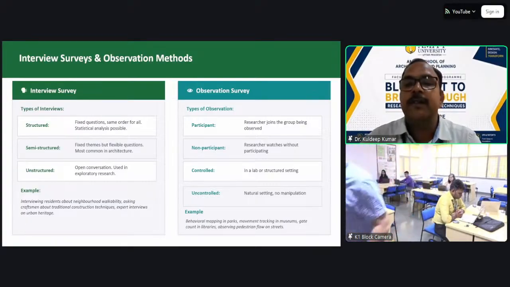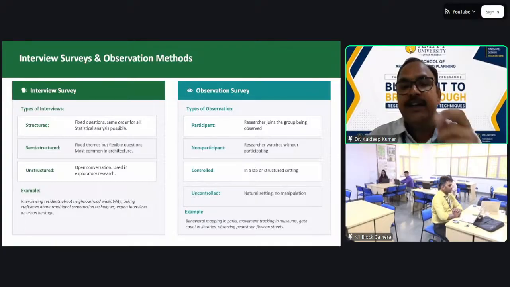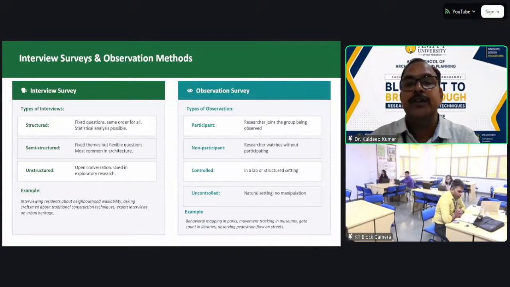Controlled observation is where the survey is done in a structured and managed setting, for example a user test in a mock-up room. The environment is controlled and everything is structured. In uncontrolled observation, the survey is done in a natural or unmanipulated setting, and this is the most commonly used in architectural field work.